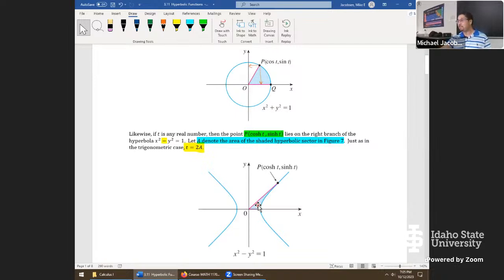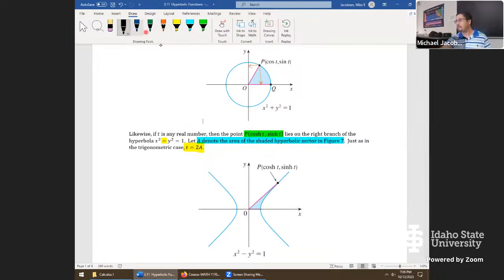Now, the difficult thing about the hyperbolic functions, another reason it's not covered in place of trigonometry, is it does take a great deal of mathematics to show that this property, t is twice the area of that blue shaded region, really does hold. We need to know about integration to get to these kinds of definitions, which is chapter 5. But we can still work with it and see how this all goes.